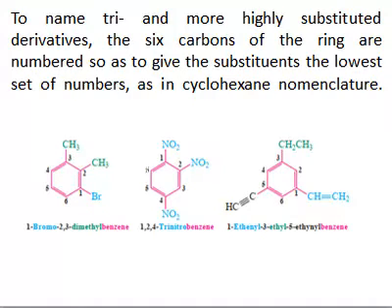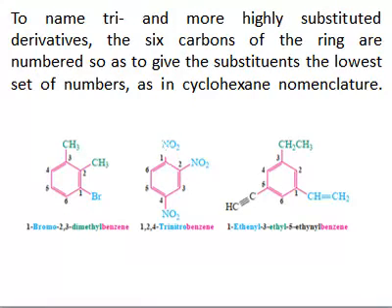Next is this system, so we can number it 1, 2, 3, or we can number it 1, 3, 4, 5. If we start numbering from here, the first substituent is on carbon number 1 and the other is on carbon number 3. But if we number it like this, 1, 2, 4, then we are getting 2 substituents at a lower number.